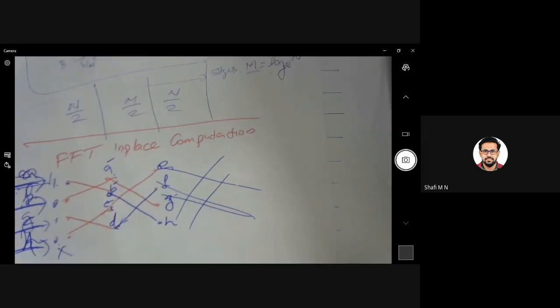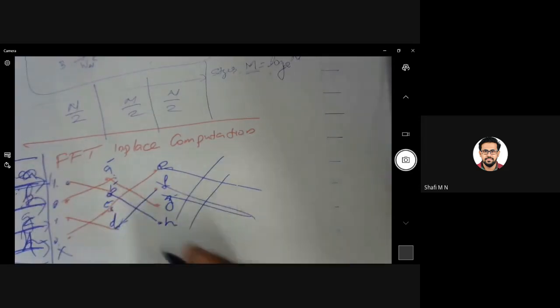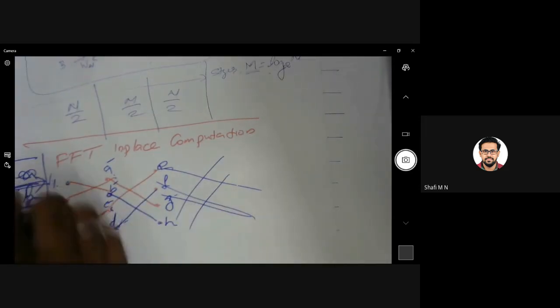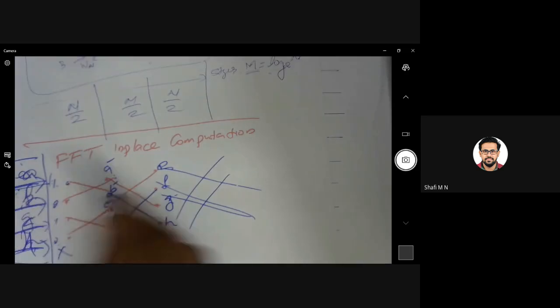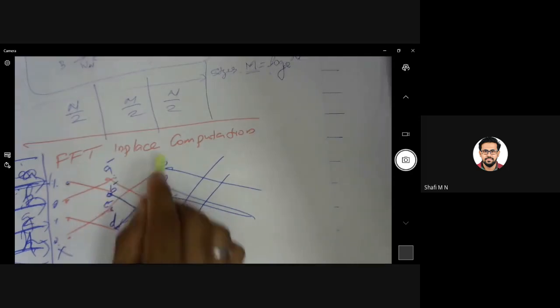Got it? You no longer need other memory locations. You can replace the current values with the output of the coming stage. When going to the next stage, what can we do with the output of the previous stage? We can replace it there and save it. So that's why it is referred to as in-place computation.